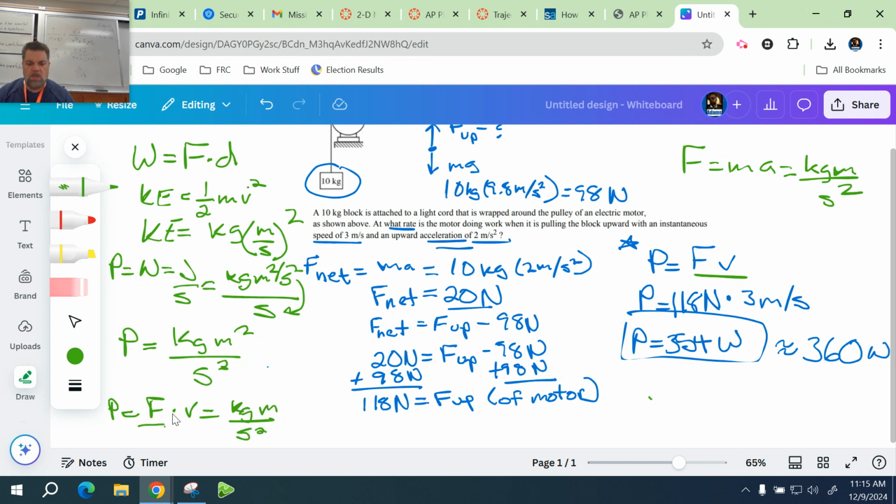And then velocity is meters per second. So if I do the math on that, I get kilogram meters squared per seconds cubed. So this is a legitimate equation that you can use. We didn't necessarily talk about that in class, but it is legit. So the final answer then is this, and make sure that you know this relationship.